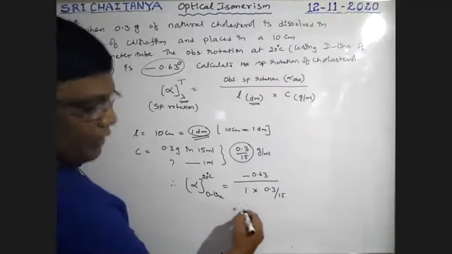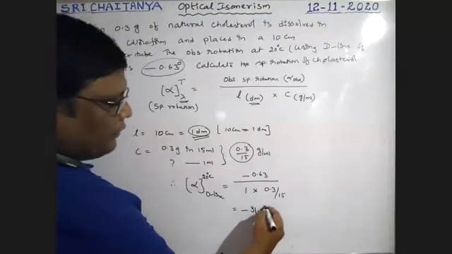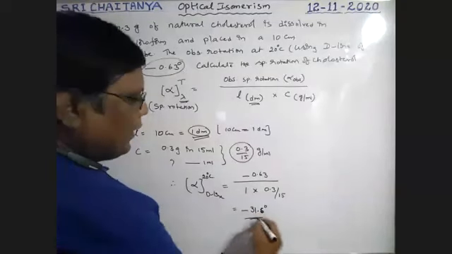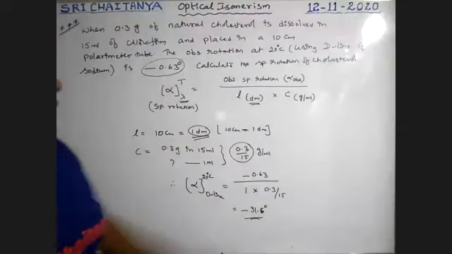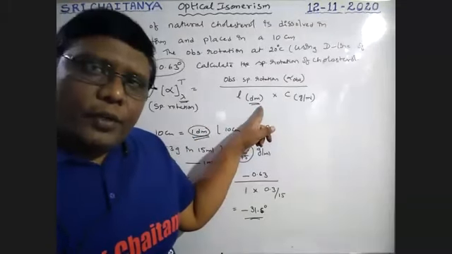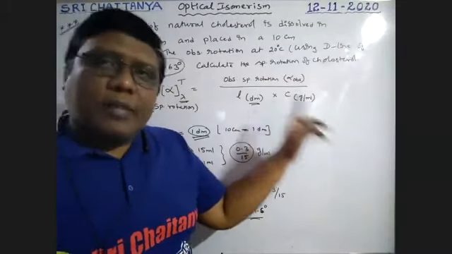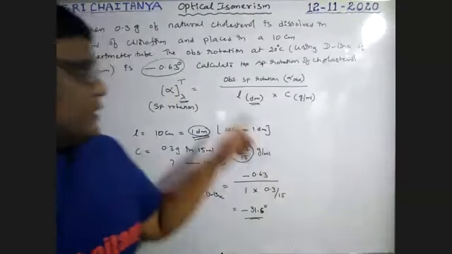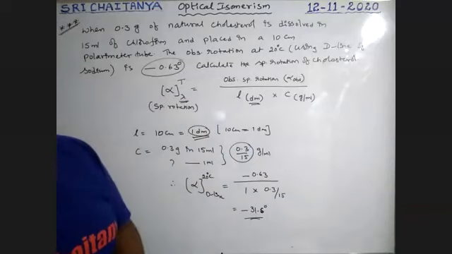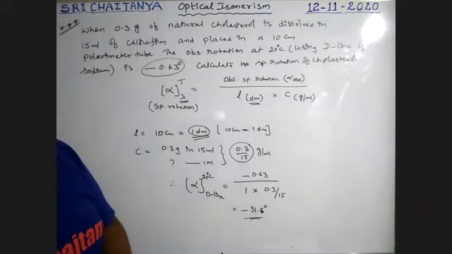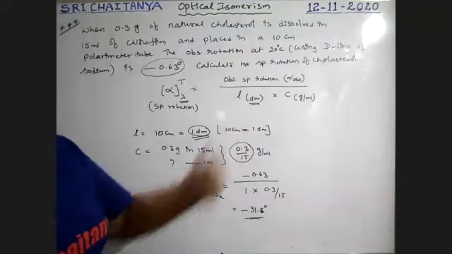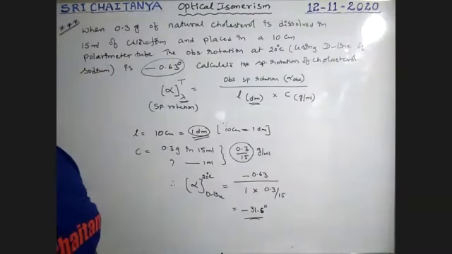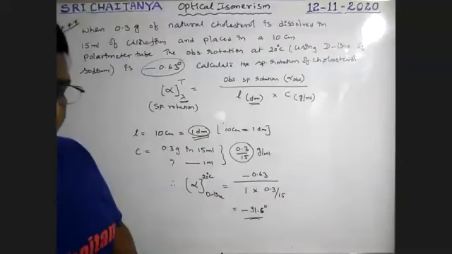Therefore, overall the value is minus 31.5 degrees. Please be conscious, boys. Length should be in decimeters. Concentration must be in gram per ml. 1 decimeter is equal to 10 centimeters, that is the conversion, so we should use 1 decimeter.